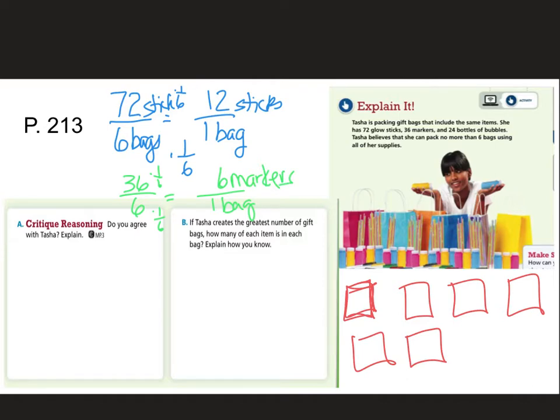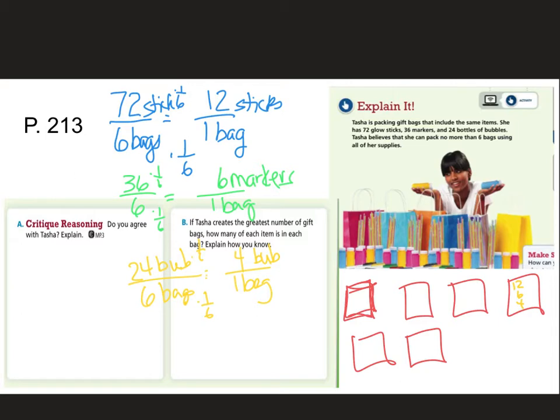And then I would have 24 bubbles in 6 bags. How many bubbles in one bag? Times 1/6, I have 4 bubbles in each bag. So in each of these bags, we'd have 12 glow sticks, 6 markers, and 4 bubbles.